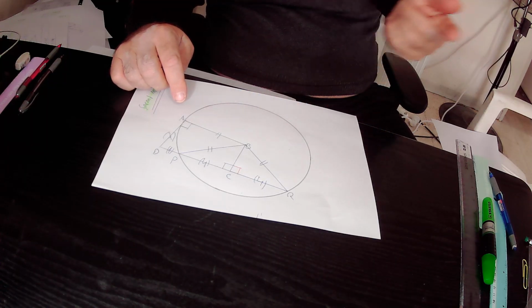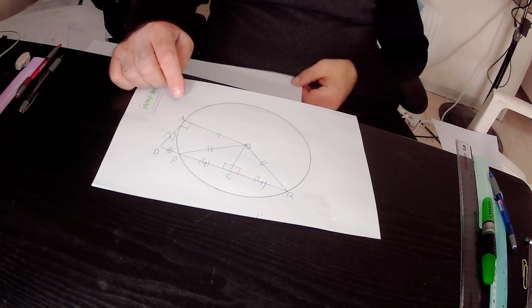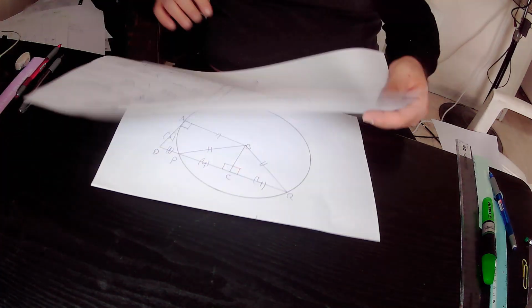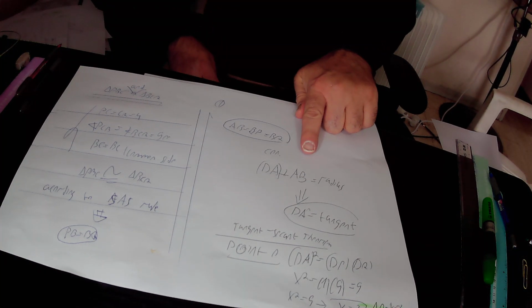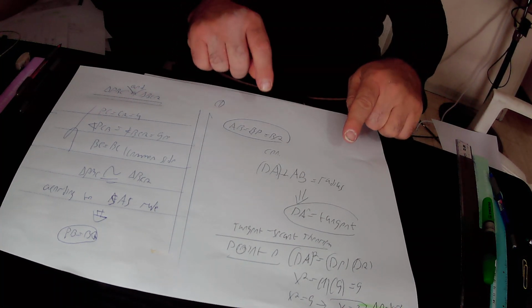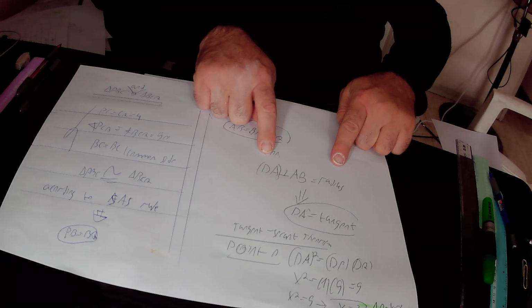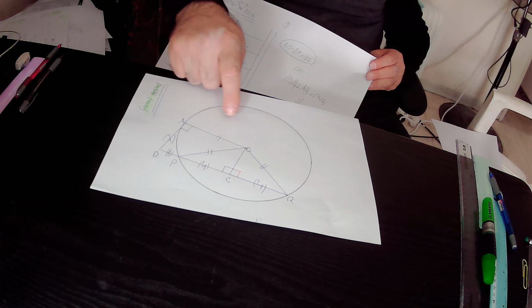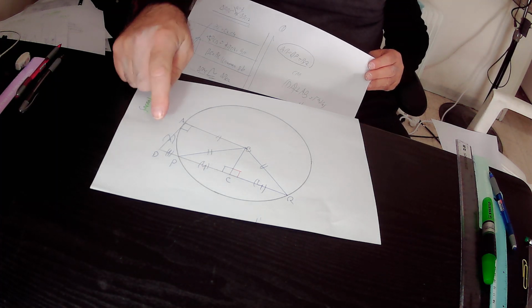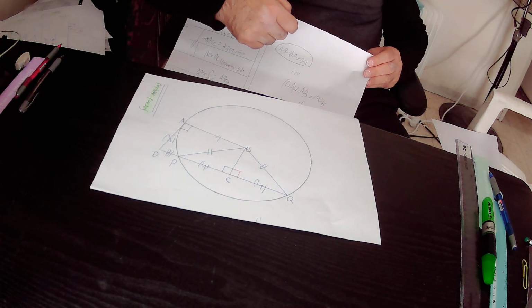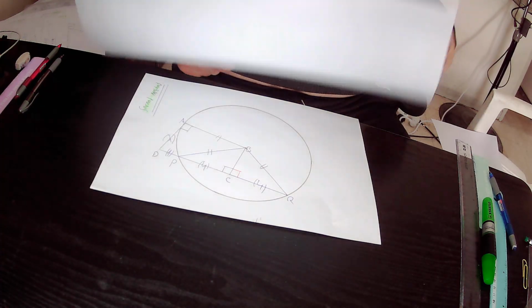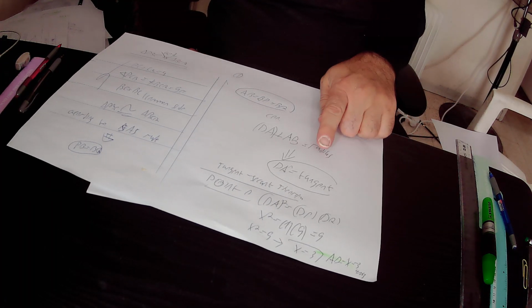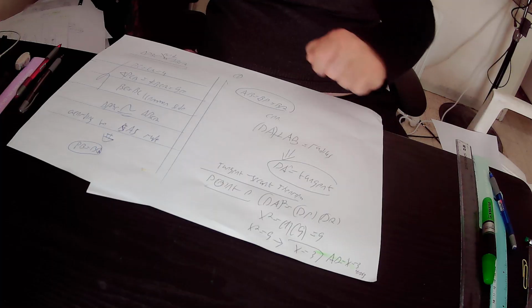But AB is the radius of the circle. That is to say, DA is perpendicular to the radius at point A. Therefore, DA must be a tangent to this circle at point A.